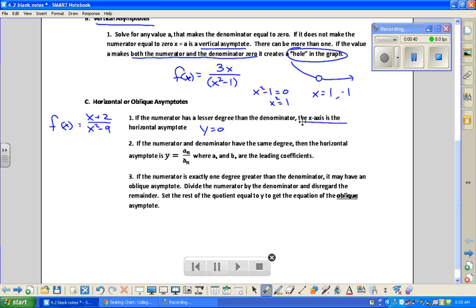These values that we're adding and subtracting, they don't really matter for our horizontal asymptote because that ratio will be affected very little by those as x grows very large.